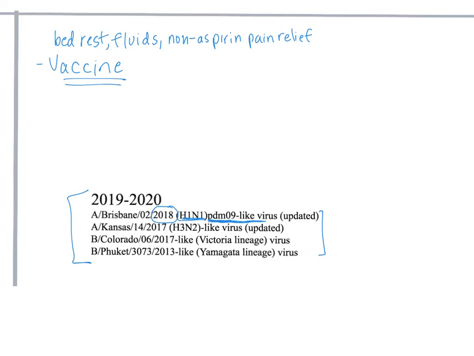It's H1N1, similar to the strain that had the bad pandemic about 10 years ago. Don't memorize that. It's just interesting, the lineage of the viruses, where they were first isolated and the year.